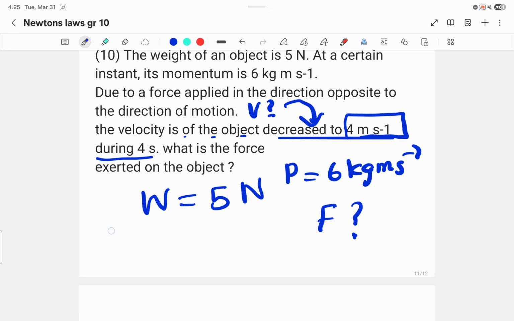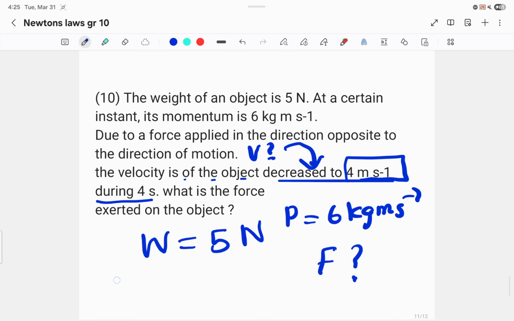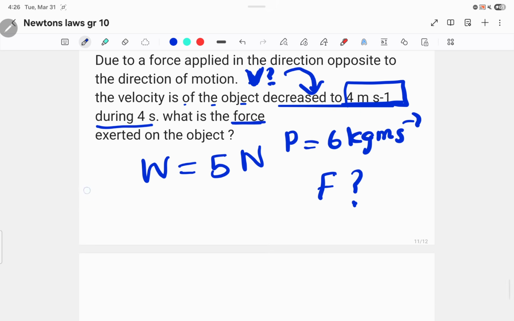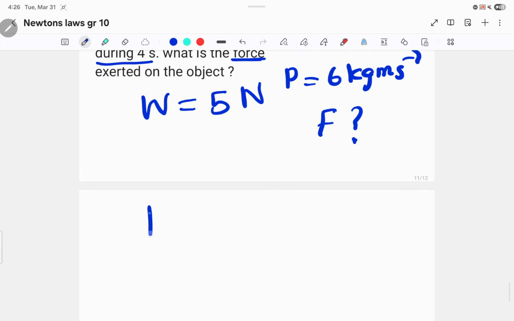Okay, so they didn't give the initial velocity, but they are telling it is decreased to 4 meters per second. Before we find force and everything, it's better to find the initial velocity, because we don't know from which velocity it is decreased. As we know, momentum equals mass into velocity.